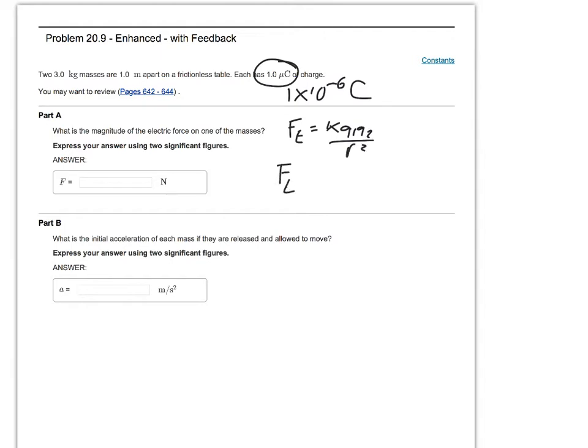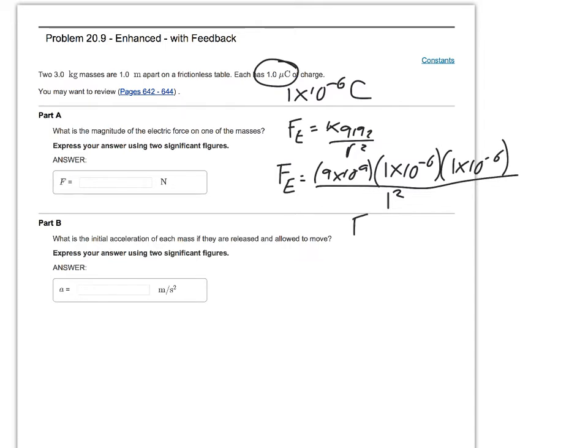So that electric force is going to be 9 times 10 to the 9th times each charge, 1 times 10 to the negative 6, all divided by the distance between them, which is 1 squared, and we end up getting an electric force of 0.009 newtons. If we put that to 2 sig figs, it's 0.0090, or 9.0 times 10 to the negative 3rd newtons.